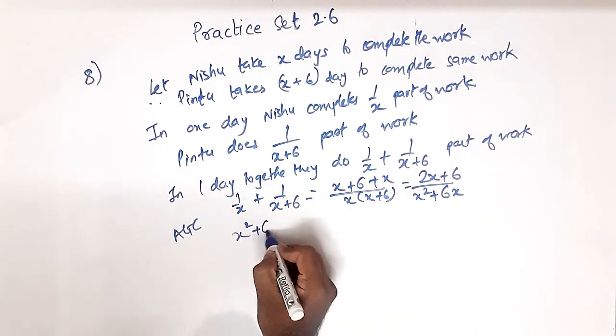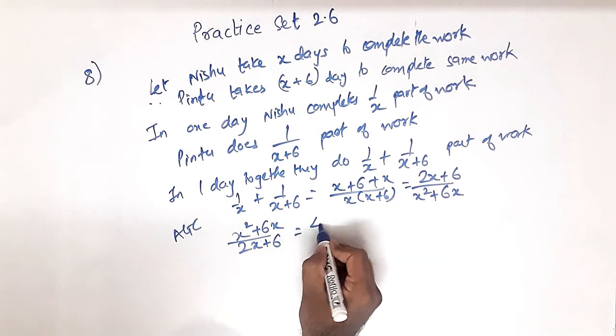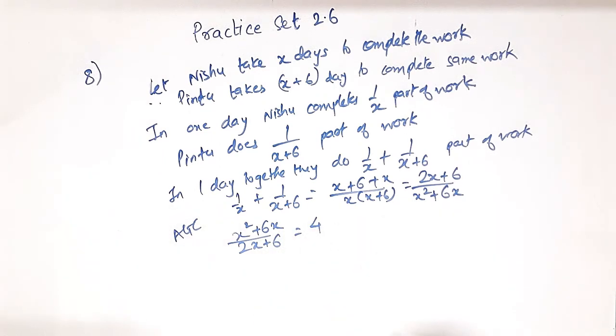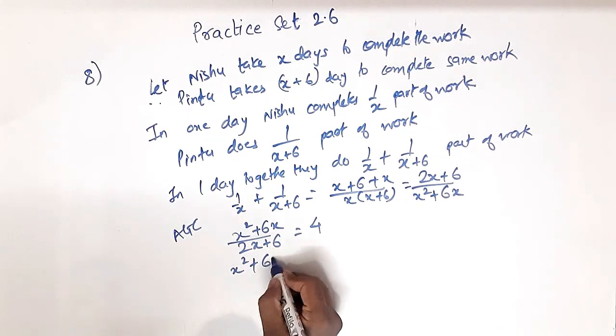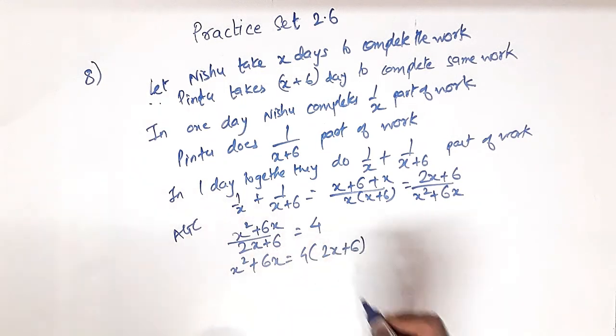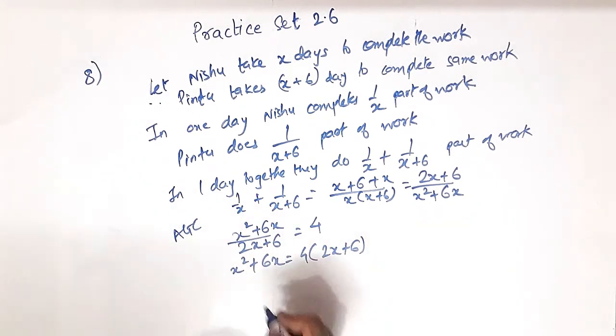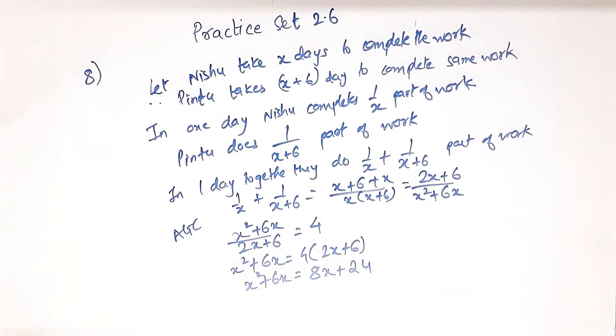So I'll reverse it. x square plus 6x upon 2x plus 6 equals 4. So this will become x square plus 6x equals 4 times 2x plus 6, cross multiplication. So x square plus 6x equals 4 2s are 8x plus 4 6s are 24.